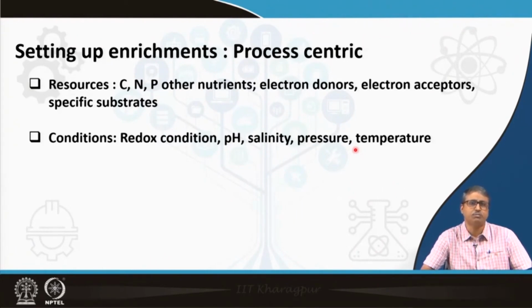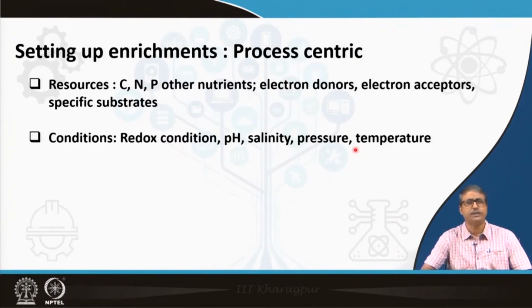Suppose I want to see if there are any organisms capable of growth at 50 degrees centigrade while utilizing the organic matter and the nitrogen, nitrate or ammonia present in my wastewater. So, I need to incubate my sample at 50 degrees centigrade with occasional subculturing. If we maintain that temperature, with frequent subculturing, we will get some of the organisms enriched.